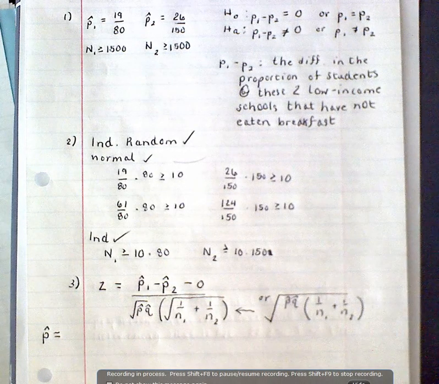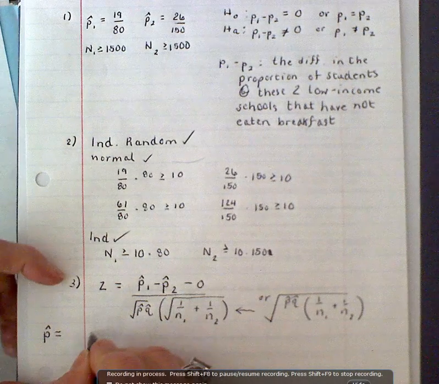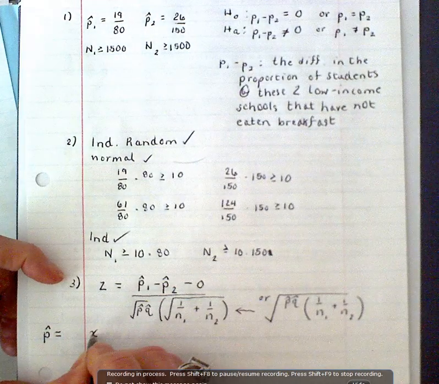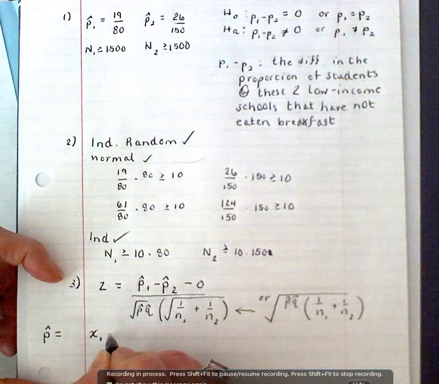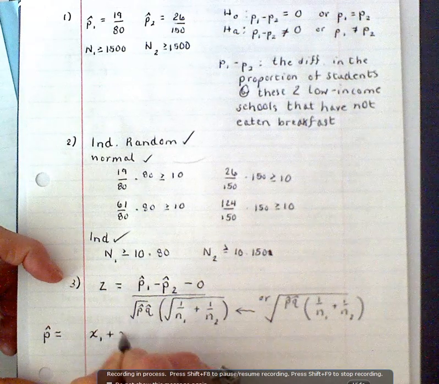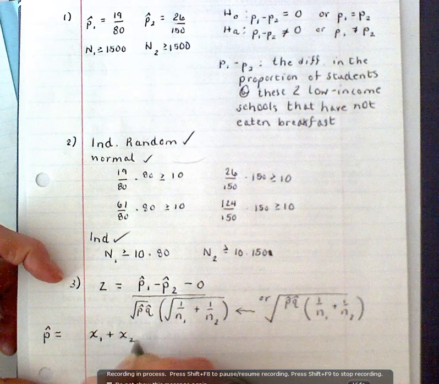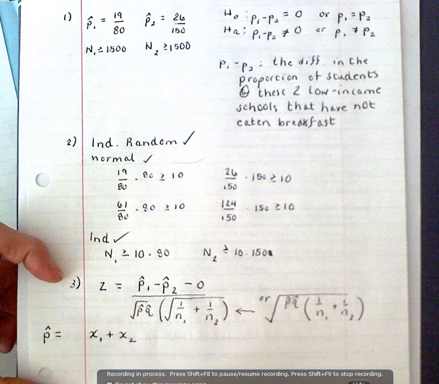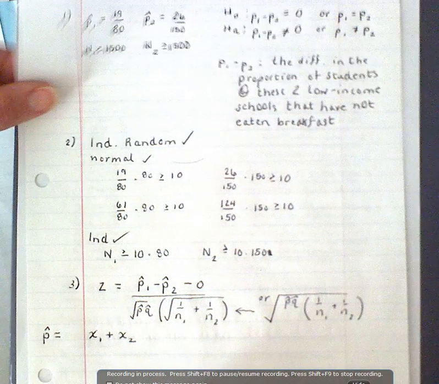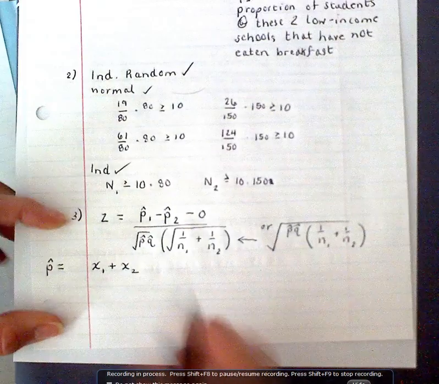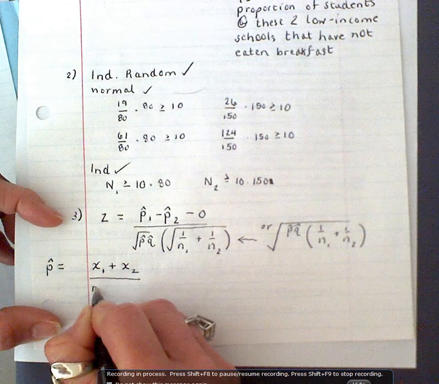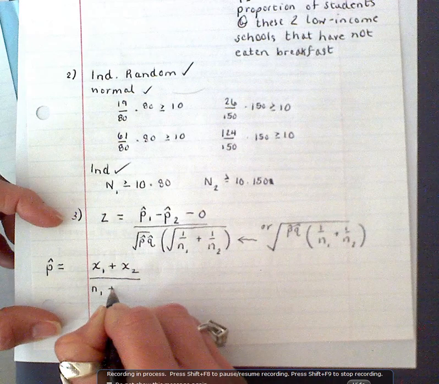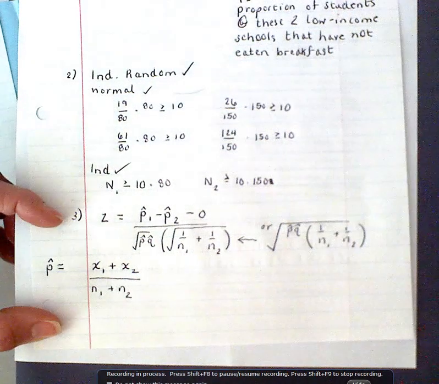So what you're doing is you're taking the number in the first sample who had not eaten breakfast, and you add the number in the second sample who had not eaten breakfast. You then divide that by the total number of students selected. That's the sum of our two sample sizes. That's a pooled p-hat.